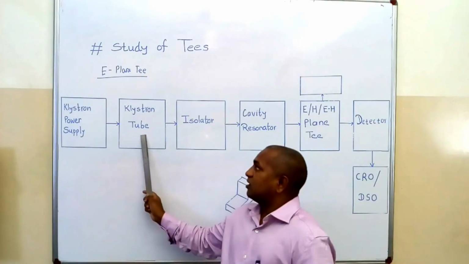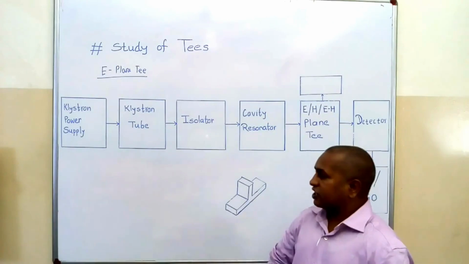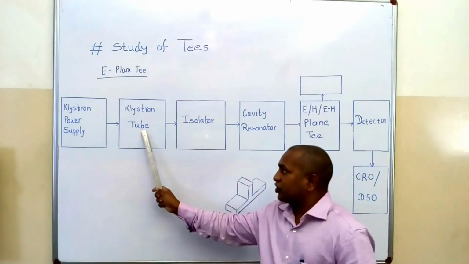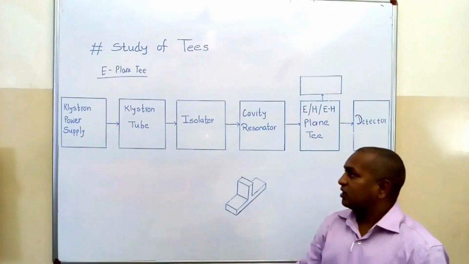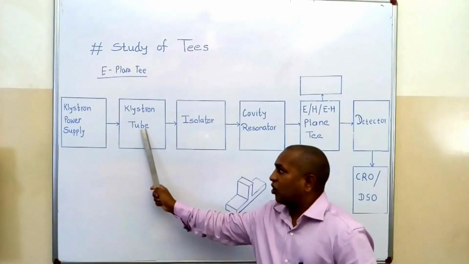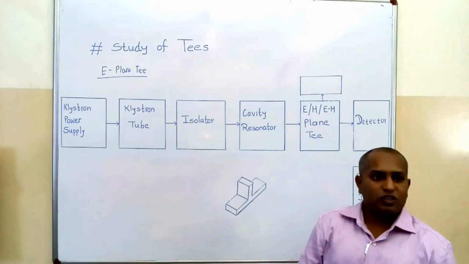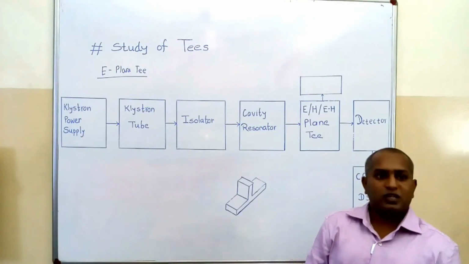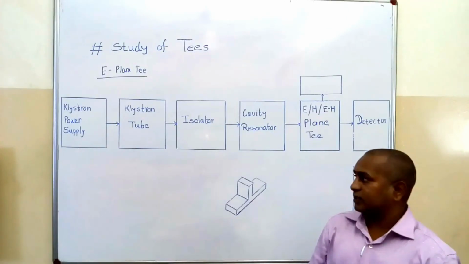The second block is a klystron tube, also known as a reflex klystron tube. This klystron tube generates a microwave signal, that's why this tube acts as an oscillator. The operating frequency of this tube is X band, that means from 8 GHz to 12 GHz.